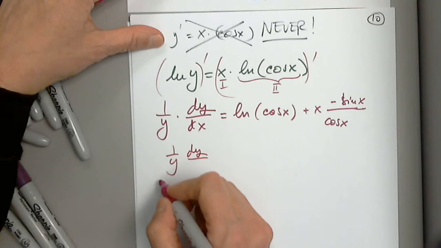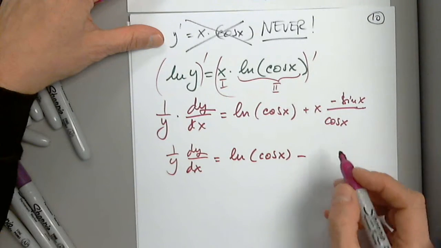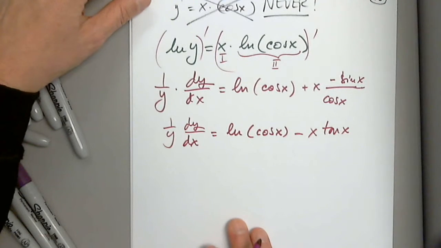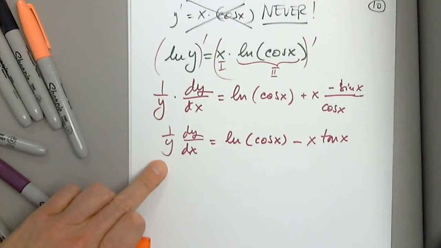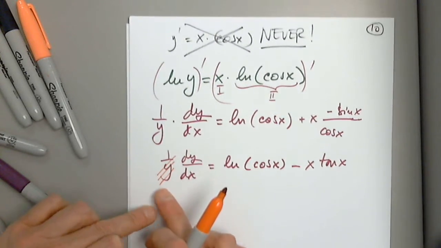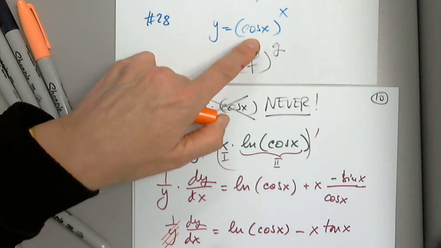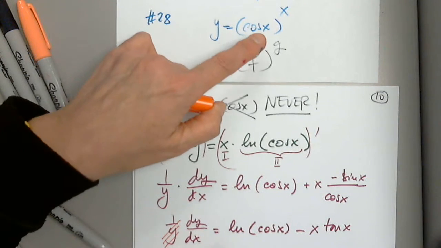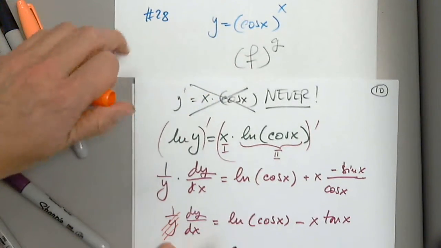So the 1 over y dy over dx equals natural log of cosine x minus, and you can write if you'd like, x tangent x, just for simplicity. And then I multiply both sides by y because I need to get rid of it. You can multiply by y and then replace. Would you like me to multiply by y first and then replace, or you want me to multiply by the function? 1 step or 2 steps? 2 steps, very good.